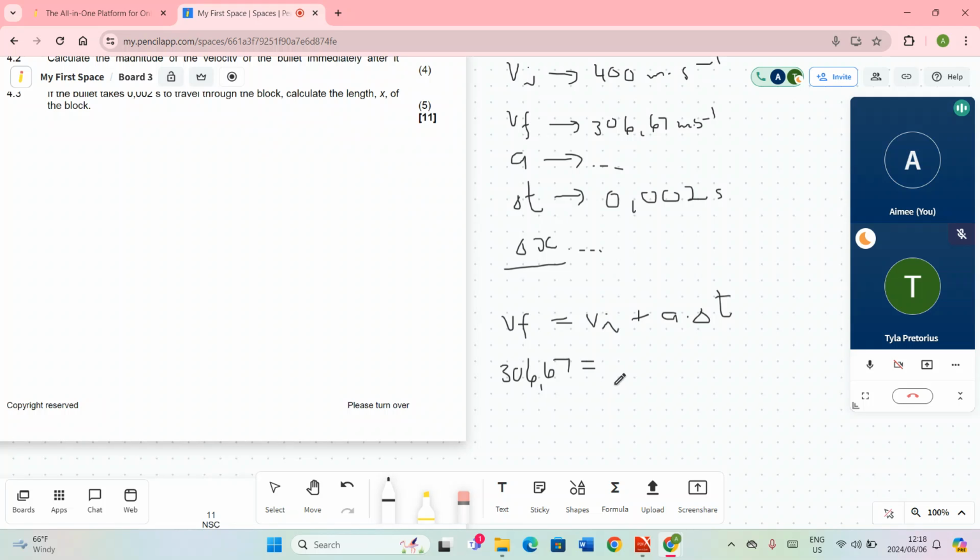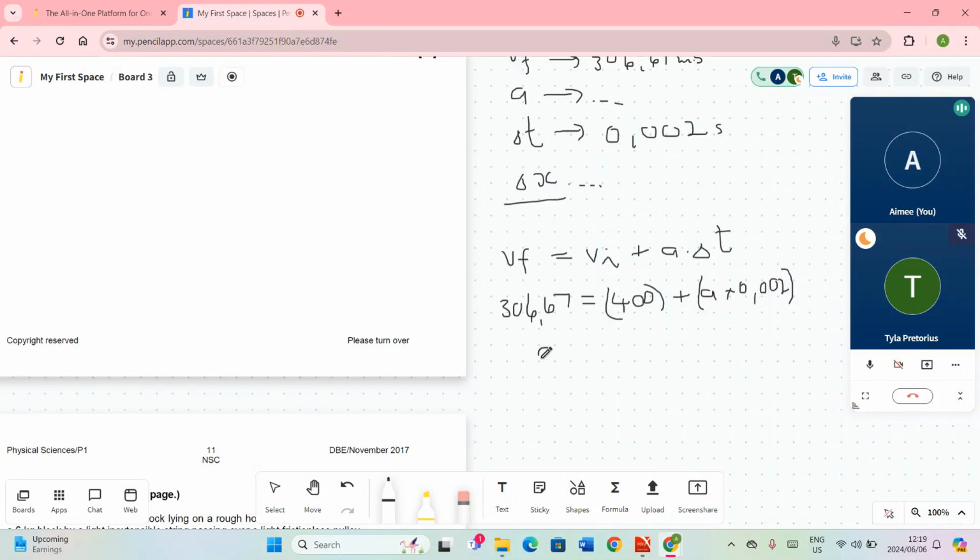Everything's moving in the same direction, so you don't need to say positive and negatives. Everything just stays the same. VI is equal to 400. A is what we're looking for. And T is 0.002.